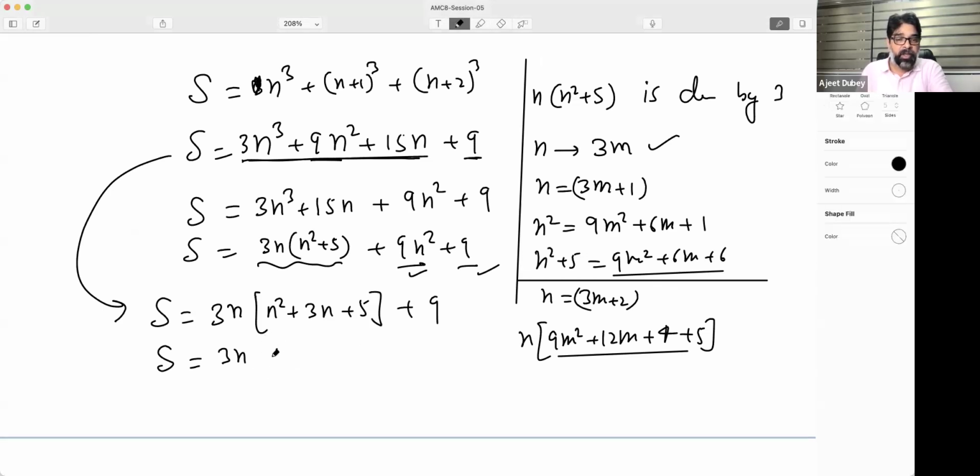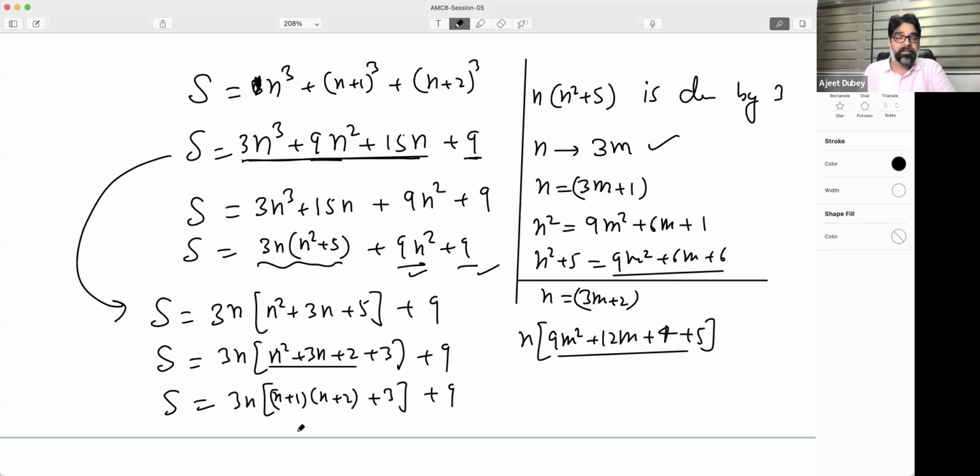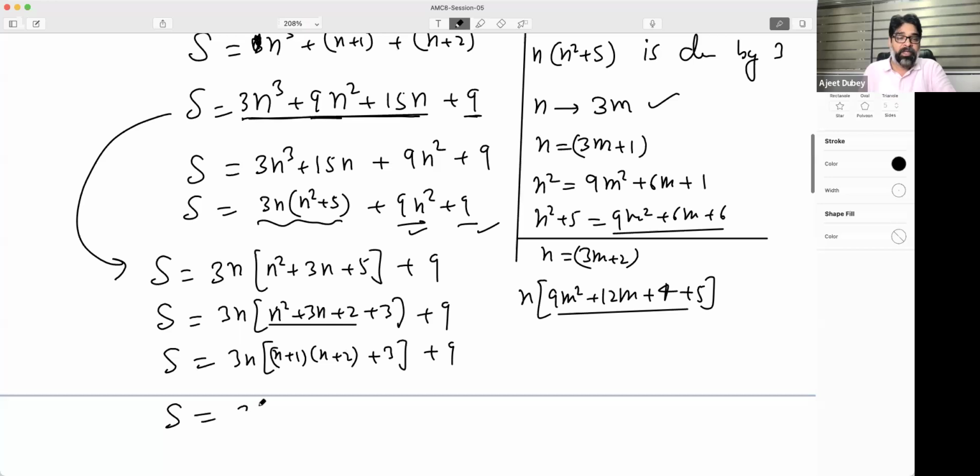Watch carefully. n square plus 3n plus 2 plus 3 I can write it. And we'll get 3n into, this can be factorized, n plus 1 into n plus 2, plus 3 plus 9. Watch it, it's over. So we'll get 3n into n plus 1 into n plus 2, plus 9n plus 9.